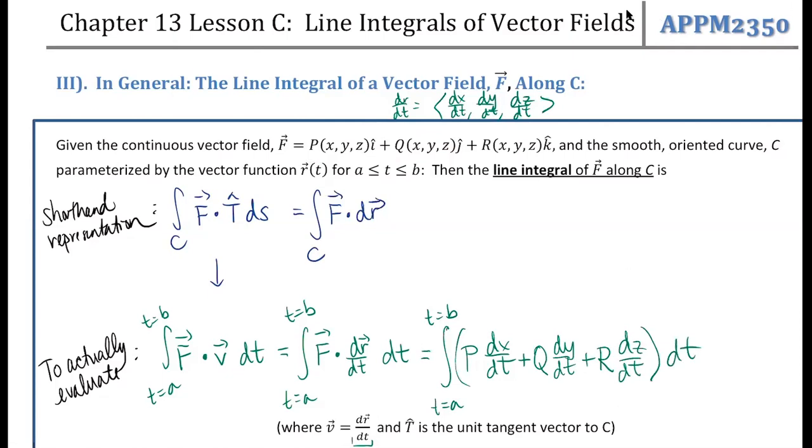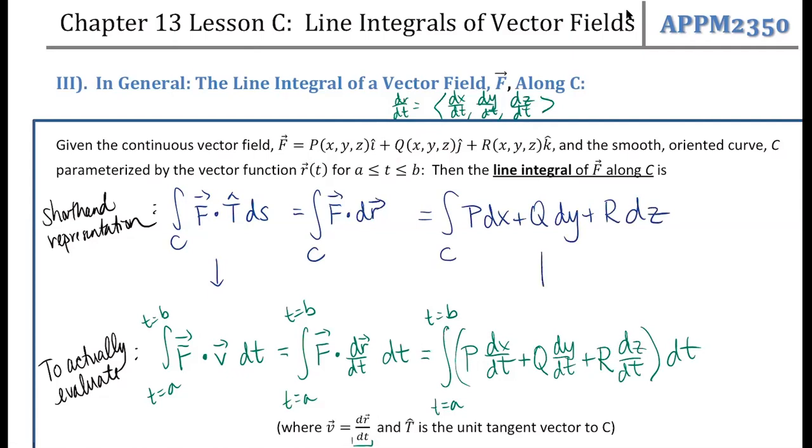So this is going to lead us to our third shorthand representation, which is going to say, well, what if we just wrote this as P dx plus Q dy plus R dz.